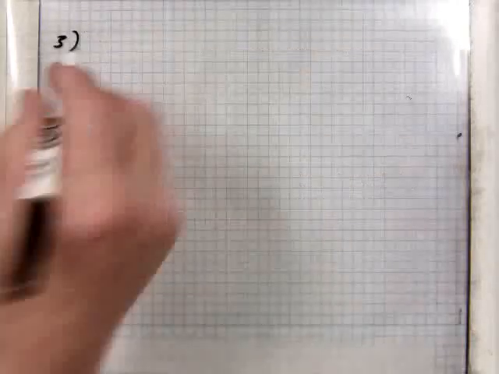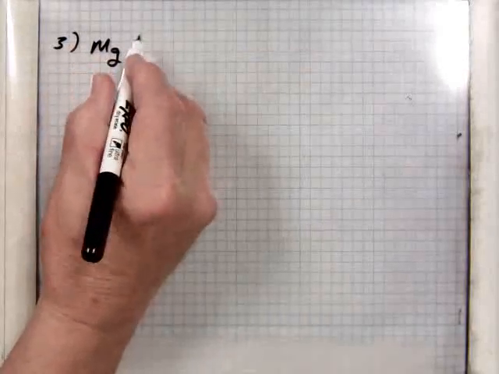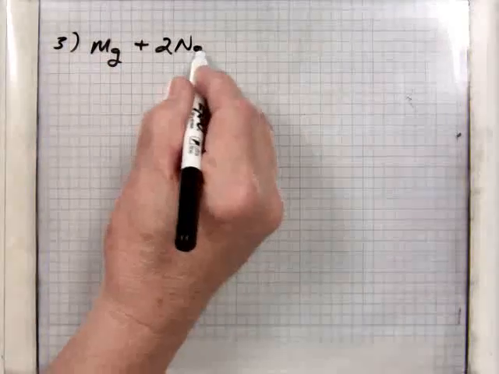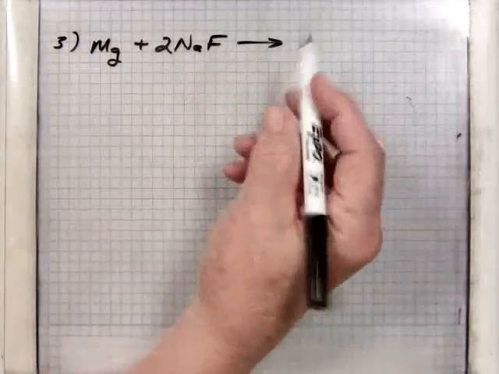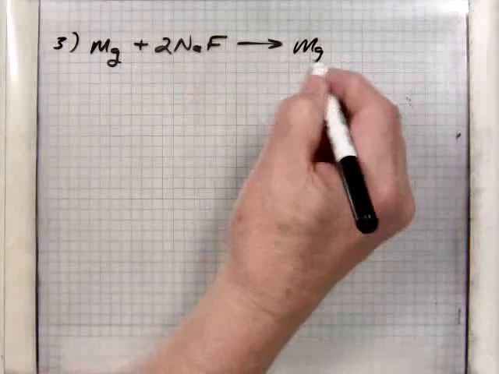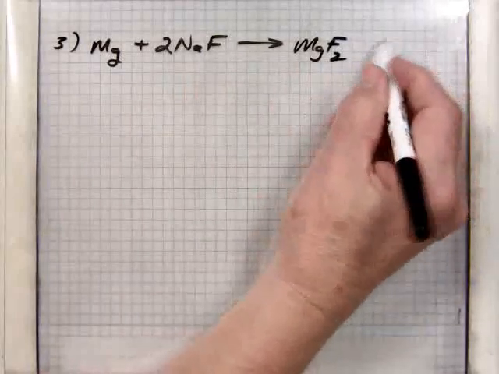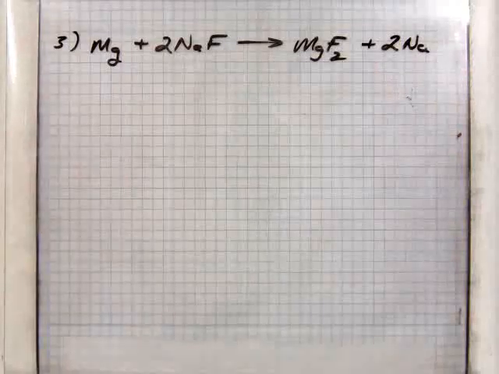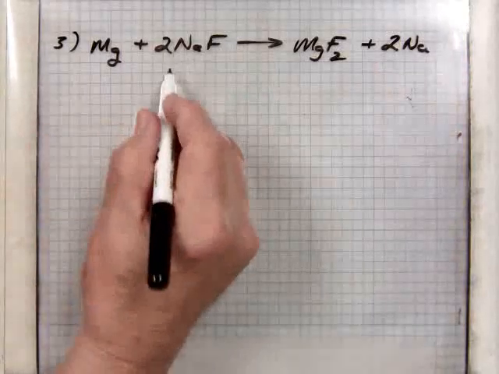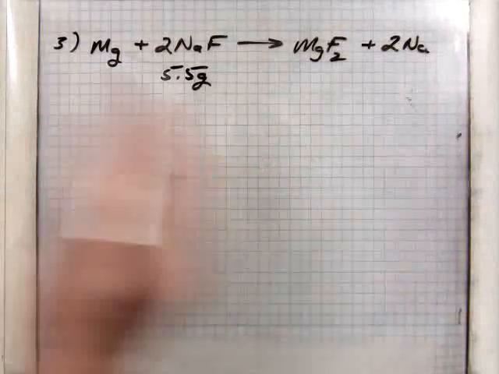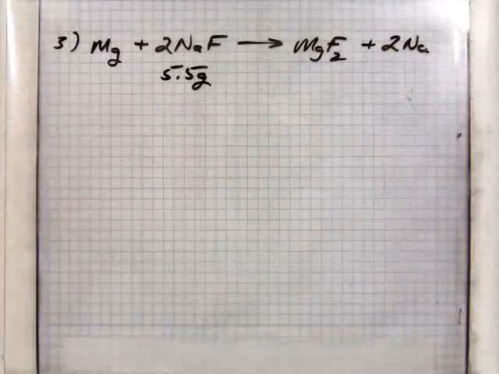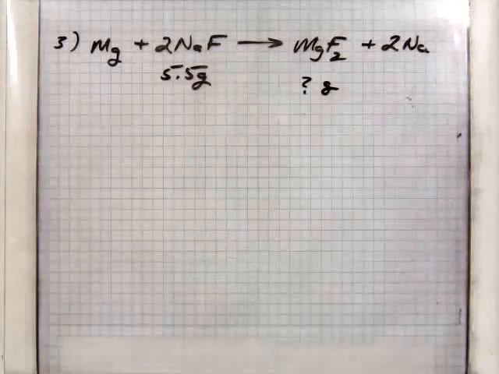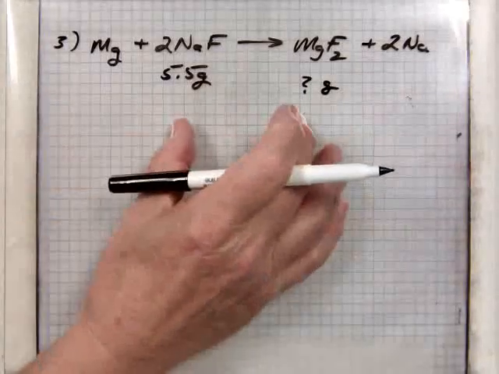This third one in here is magnesium plus 2 moles of sodium fluoride goes to magnesium fluoride and a couple of sodiums. If you start with 5.5 grams of sodium fluoride, how many grams of magnesium fluoride will be produced? Same kind of problem. Grams, convert to moles and see what the relationship is.